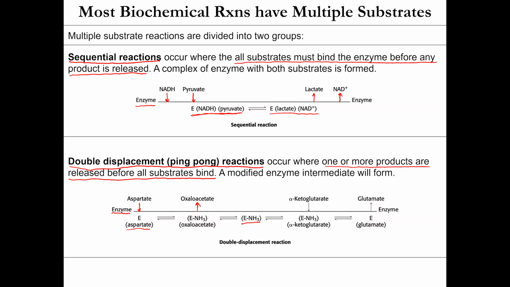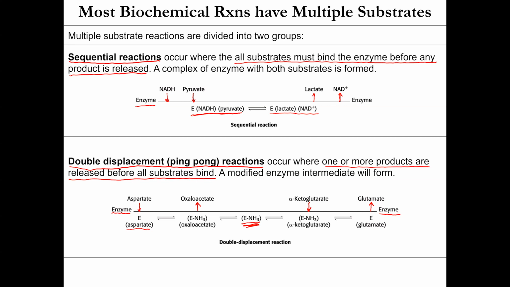But the enzyme is actually modified by this. So there's a modified enzyme intermediate, and that modified enzyme intermediate is now able to bind a different substrate, alpha-ketoglutarate, and then the product glutamate will be released, and then you have the enzyme as it was in the beginning.